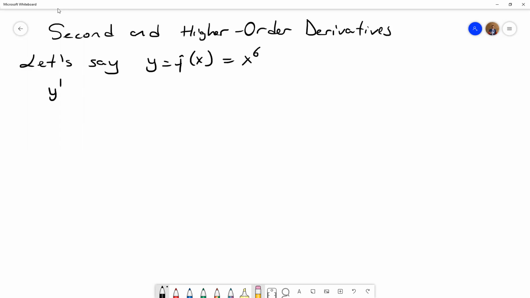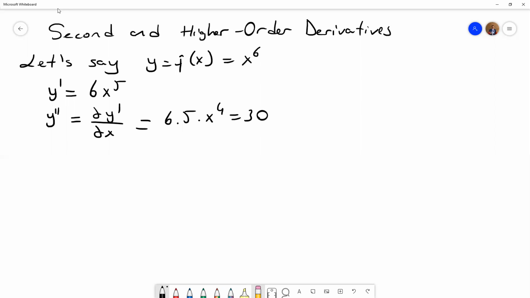So y prime, that is the derivative of y with respect to x, the first derivative, is 6x to the power 5, you see. Let's find the second derivative. Then this is the derivative of y prime with respect to x. So it is 6 multiplied by 5 and x to the power 4.